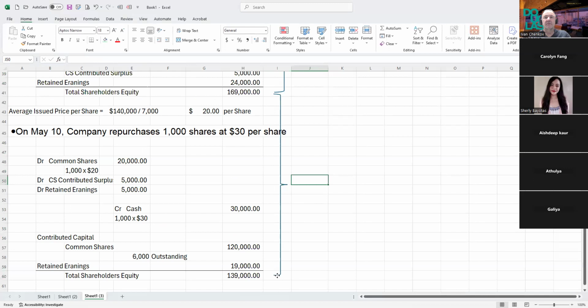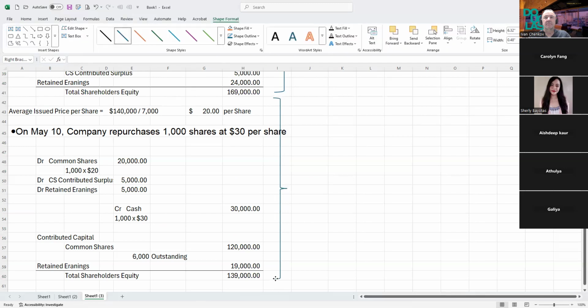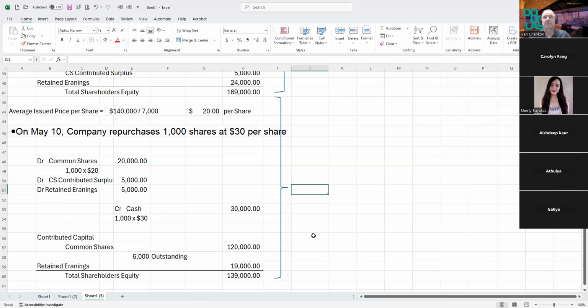How much is my difference? 169 minus 139, $30,000. My equity goes down by $30,000. On the other side of the equation, do I have a $30,000 reduction?